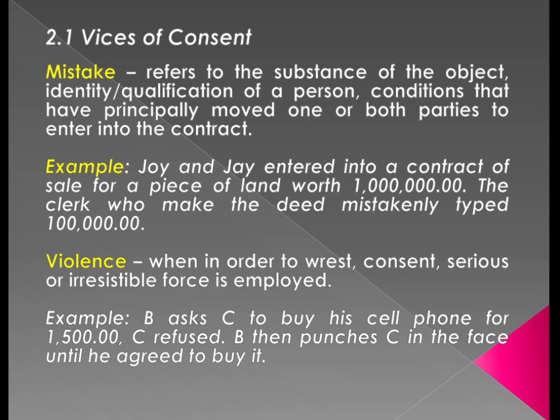The clerk who made the deed mistakenly typed 100,000. Actually, this mistake has no effect sa kontrata between Jay and Joy, dahil alam naman nilang it's worth 1 million. And it's actually perfectly valid. But the problem is, mali yung nakalagay sa written price. Then what is the proper thing to do? Reformation of this contract or the instrument na tinatawag.